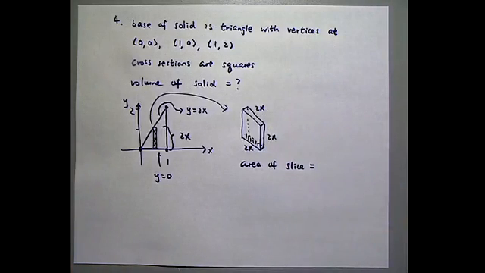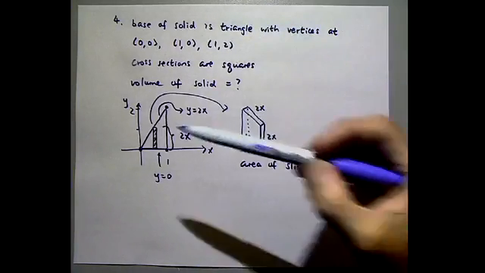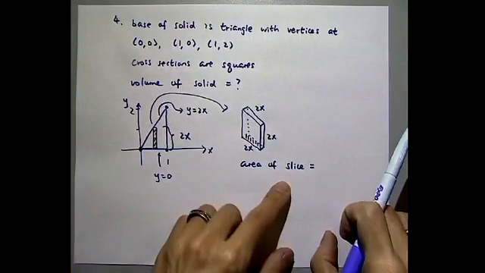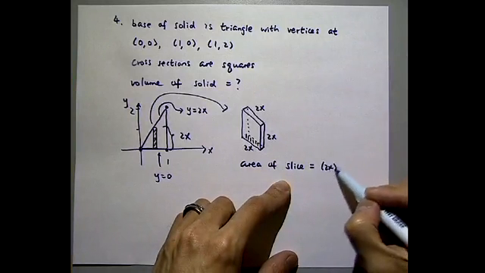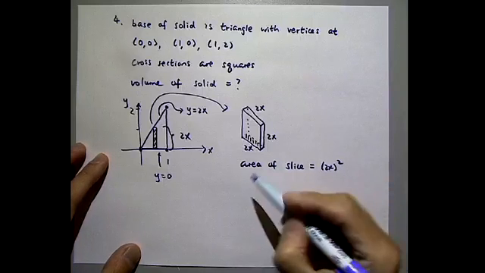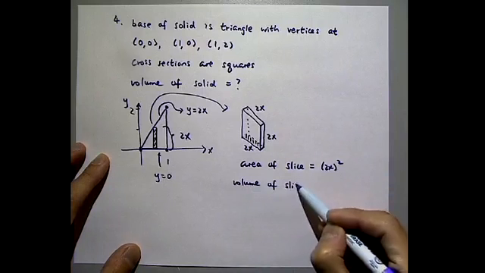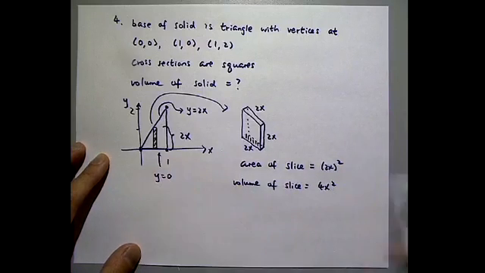Right? Again, we know this is a square. So if the base here is 2x, then all four sides are 2x. And therefore, the area is 2x times 2x. And then we have a little thickness: 4x squared times the thickness dx.